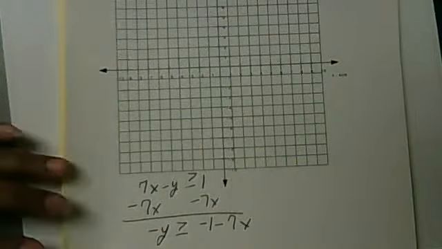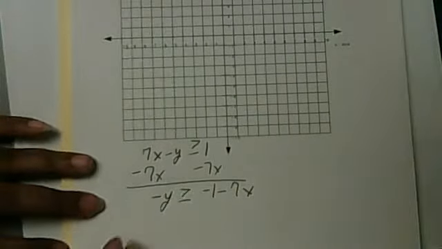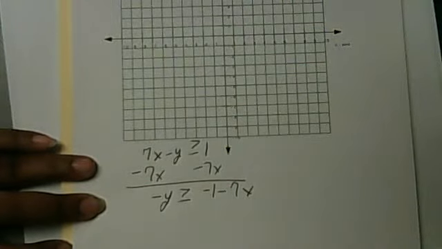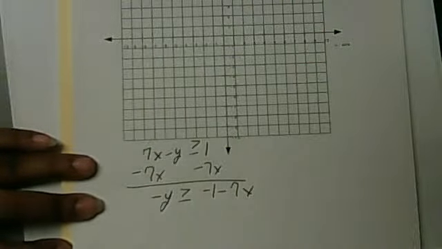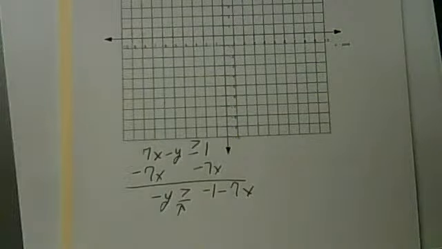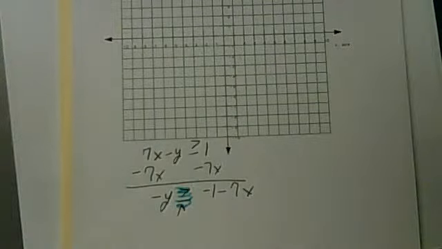Then, as we spoke about before, you can't have a negative y, so what you have to do is change the sign of everything else by dividing through by negative 1. Now when you change the sign, that also includes this sign. That means that that sign needs to be changed also. So not only do you change the signs, you are going to flip that sign around.